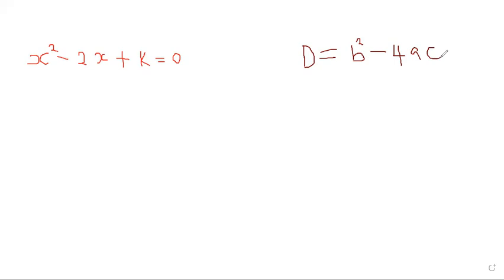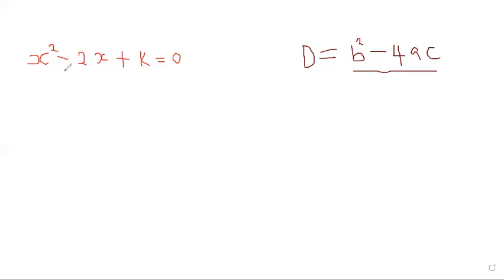When the expression has equal roots, this value is going to be 0. If the discriminant is 0, it means the expression has equal roots. So the question says that they have it equals to 0.